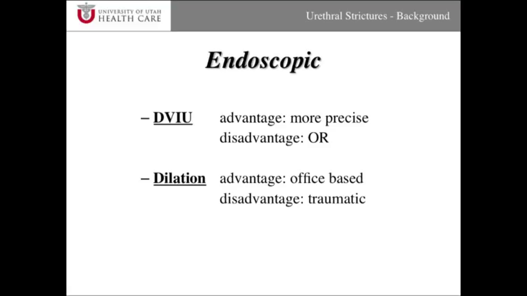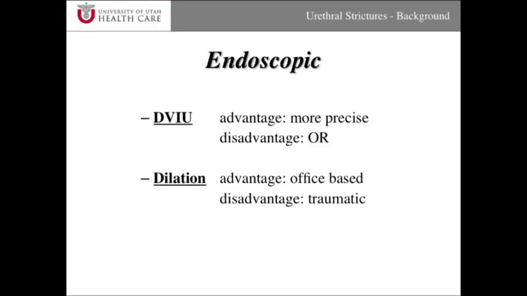In essence, a urologist under anesthesia will place a scope right up to the scar and then very precisely use a tiny knife that comes out of the front of the scope and cut the scar. And that breaks open the scar, and then they leave in a catheter of reasonable size and hope that the scar heals over the catheter and the scar doesn't narrow down again once the catheter's been removed. The advantage of this is it's done under anesthesia. Patients don't feel much pain with the procedure.